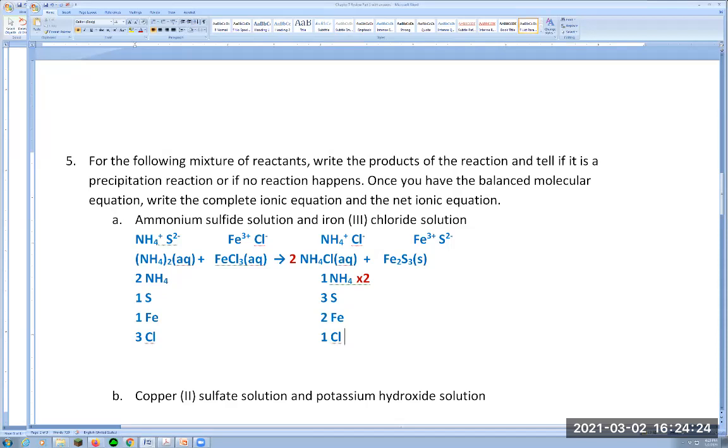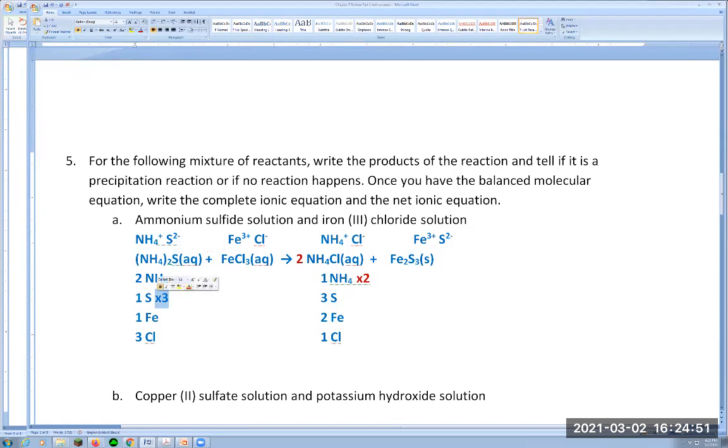Let's balance the, oh, I'm missing a letter here, sorry, S is gone. So we have the ammonium sulfide here. Let's balance the sulfur here because we have 3 sulfur on the right, but only 1 on the left. So let's make it 3 on the left.